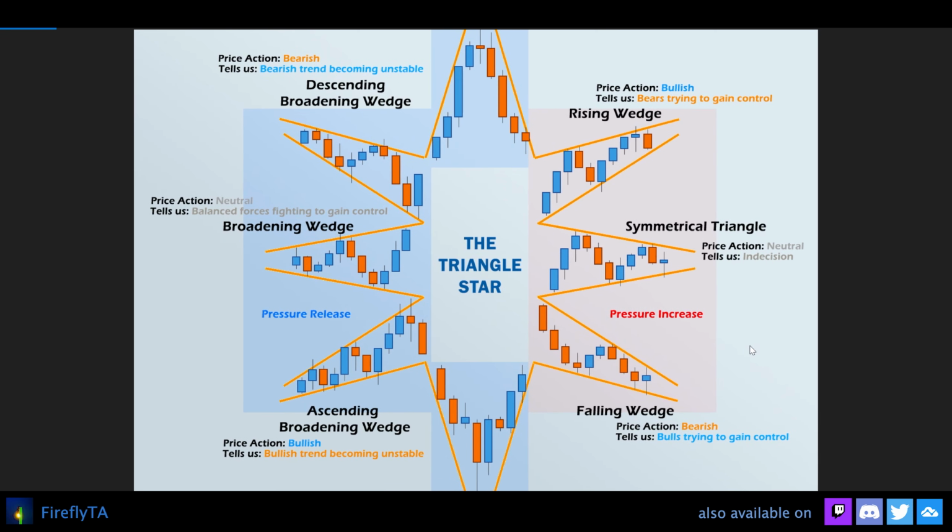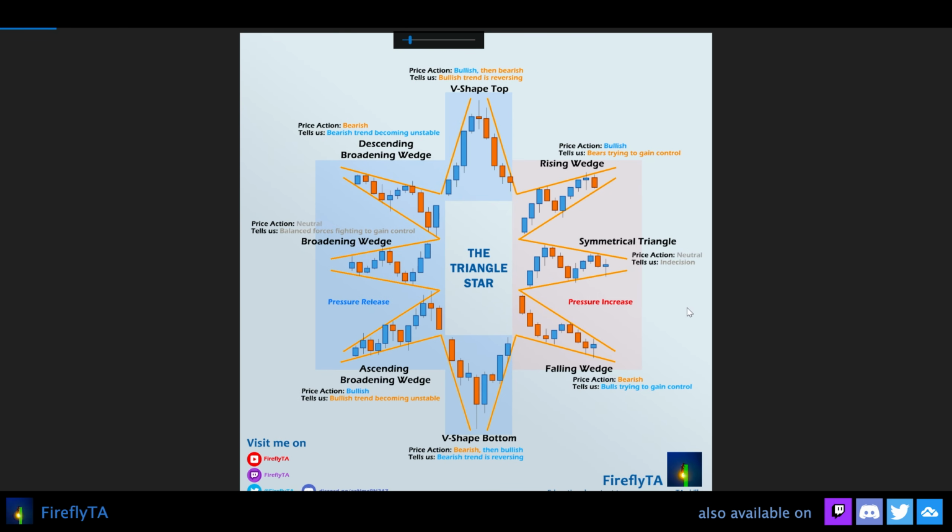Okay, so this is the triangle star. I hope this was helpful so far. If you have this down, if you know about this, and you know the characteristics and why each pattern is a pattern and what is happening there, as I explained just now, you're already far ahead of the majority of traders, because most traders rely on rising wedge, bearish, breakdown, falling wedge, bullish, break up, symmetrical triangle, continuation, and such.